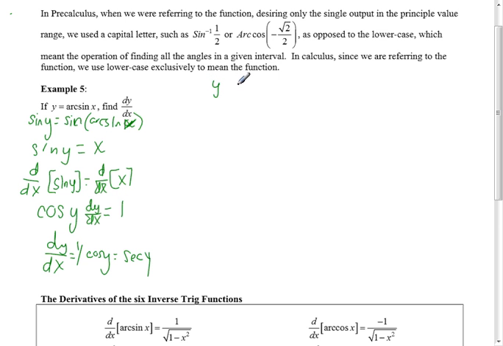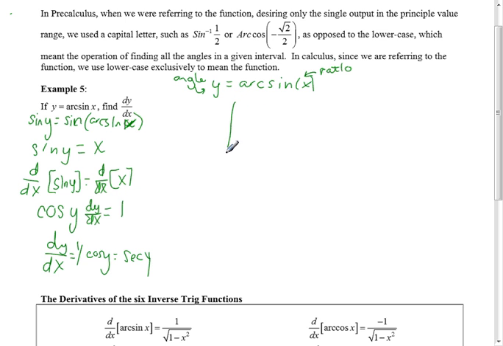If we go back to our original function, y equals arcsine of x, this is asking at what angle is the sine equal to this ratio?